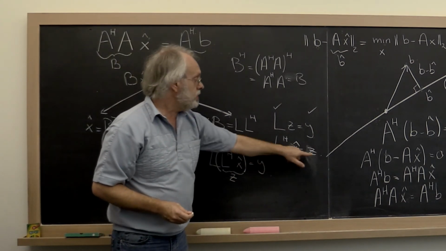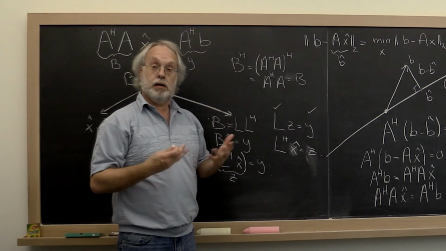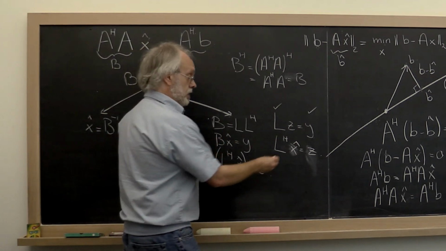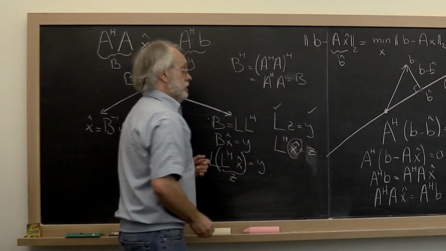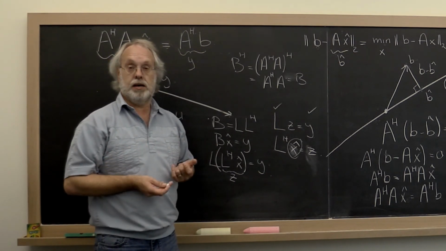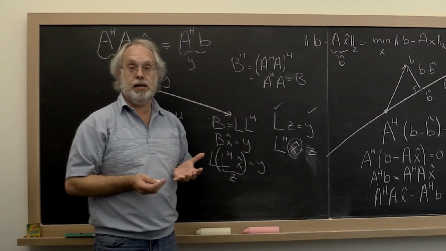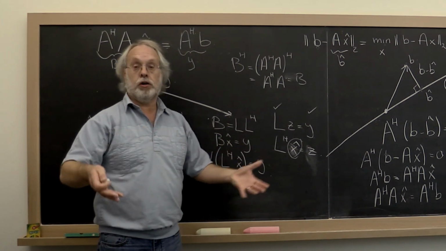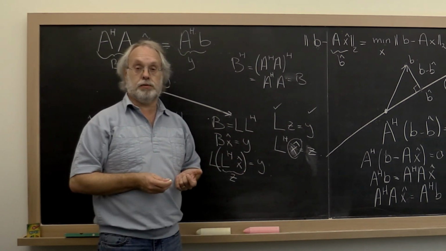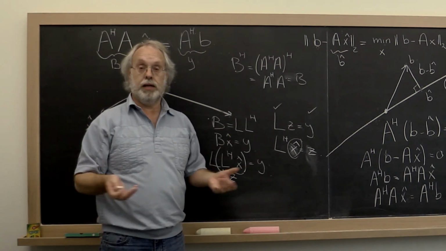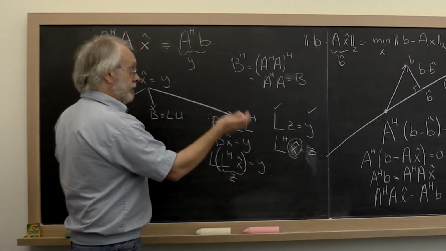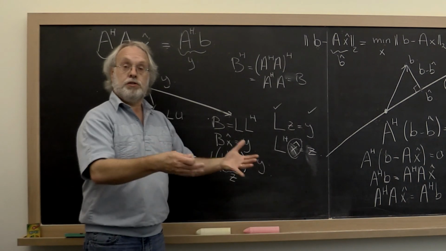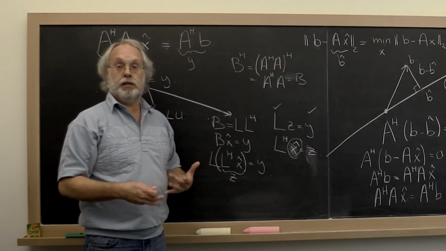And notice that once one actually solves that linear system, then one is left with the solution that was desired. Okay? So, other than that, we haven't talked yet about how to compute the Cholesky factorization and the theory related to that. We now have an actual computational method for solving the linear least squares problem.